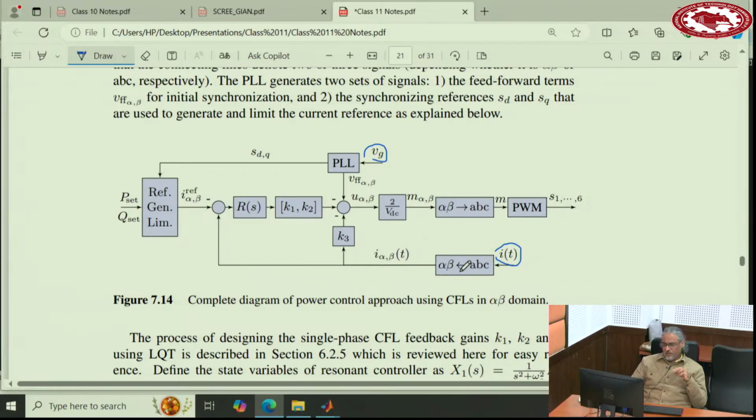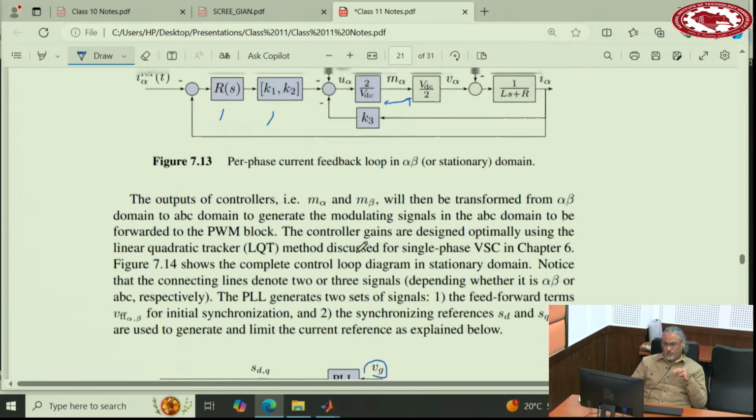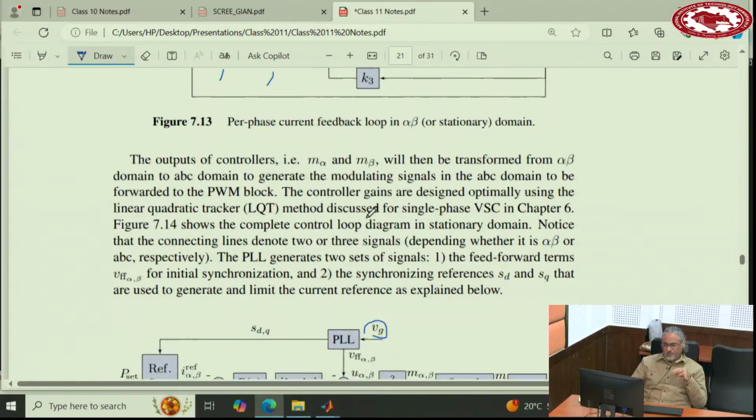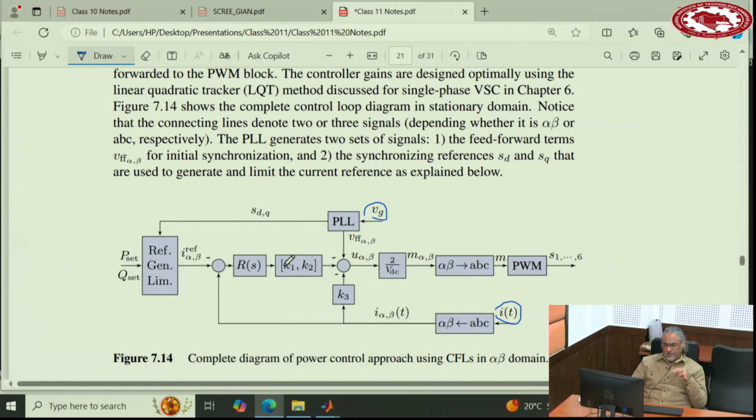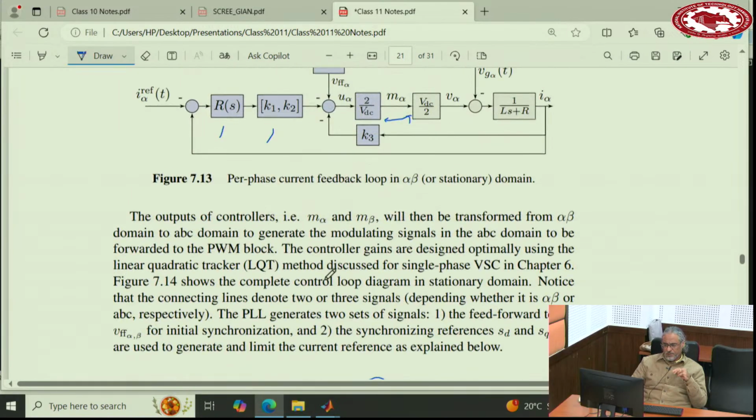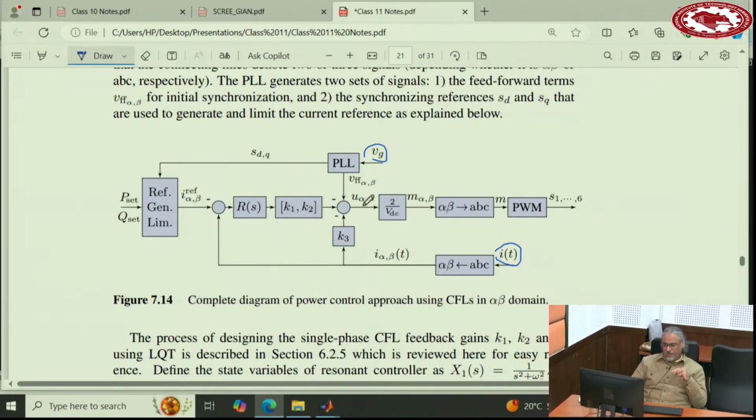And then you convert ABC currents to alpha beta, right? And then multiply by these gains that you calculated, K3, and then K1 and K2 that you calculated here. Eventually you find U alpha and U beta, divided, multiplied by 2 over VDC gives you M alpha beta, convert it back to ABC, and then give to the PWM.